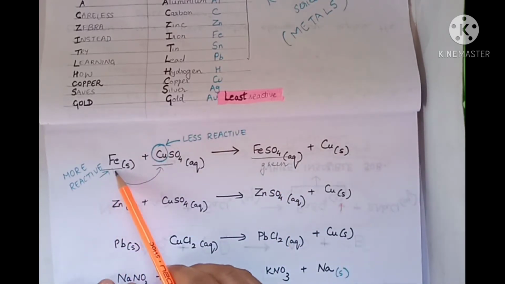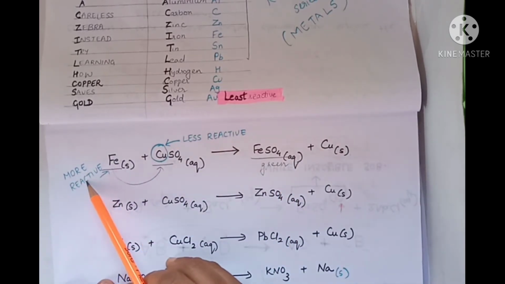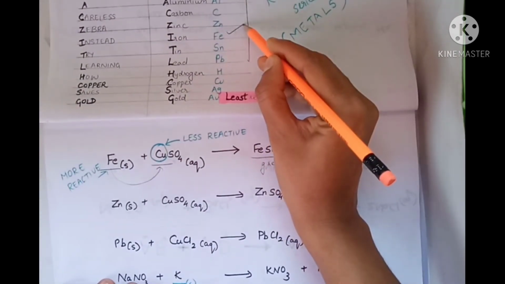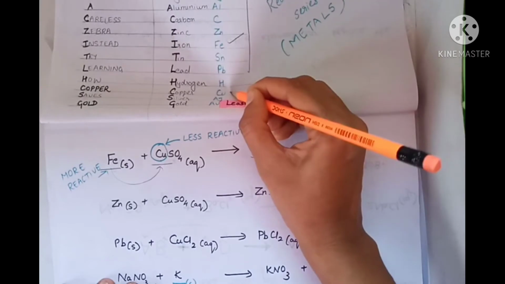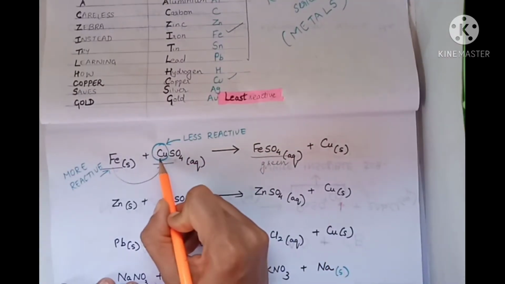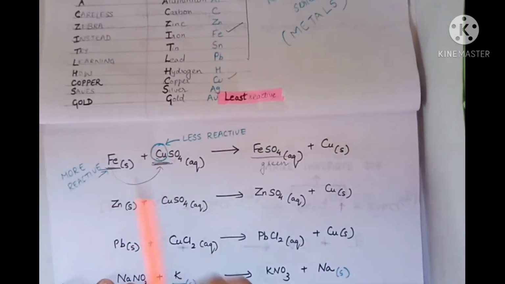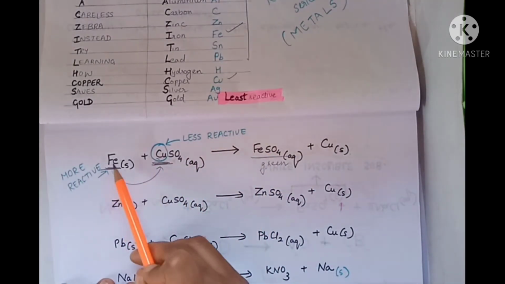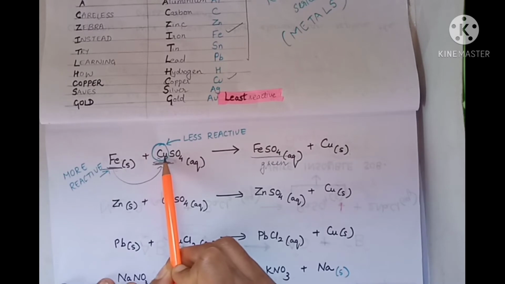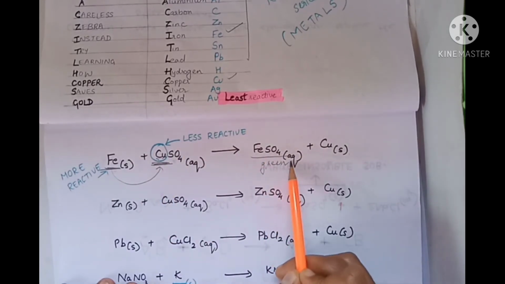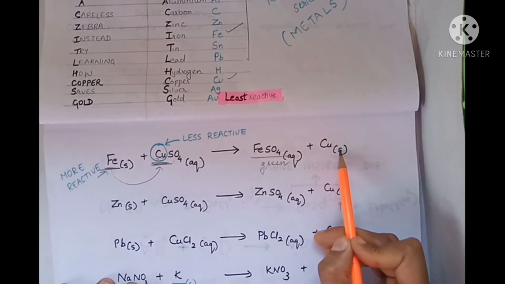So Fe, the one which is more reactive, you can see here Fe is more reactive compared to copper, the metal. Okay, only the metals are being exchanged. So what happens, Fe takes the place of copper here and forms FeSO4 ferrous sulfate, and copper is separated as solid.